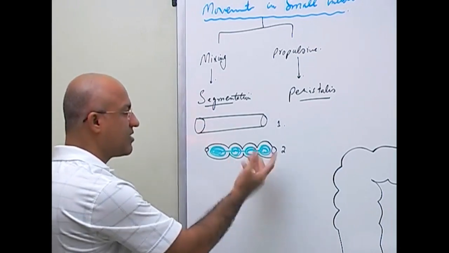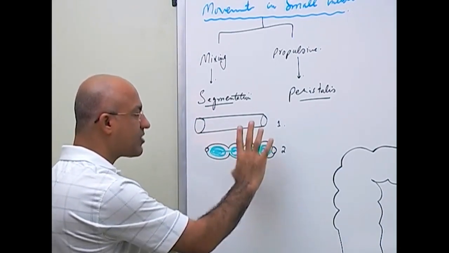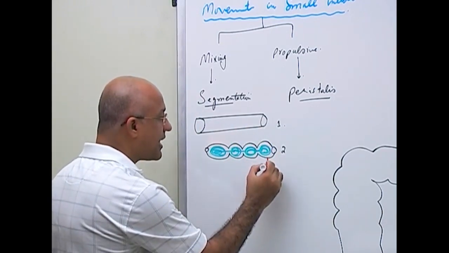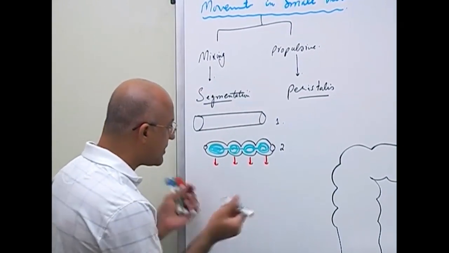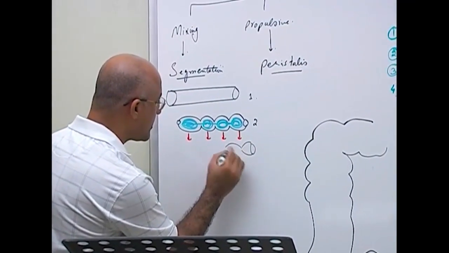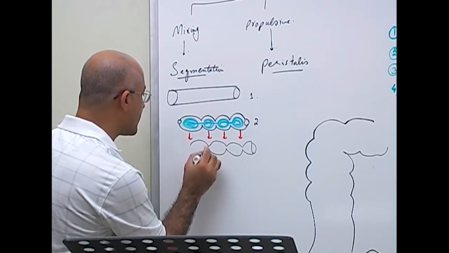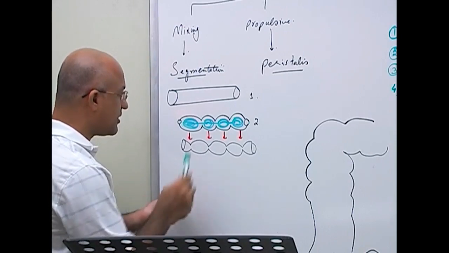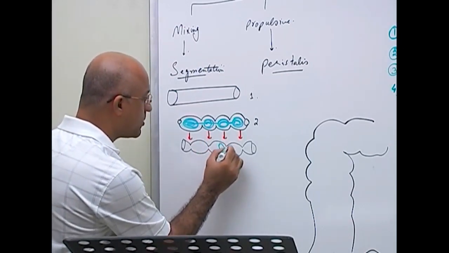After a few seconds, 15 to 20 seconds, these constriction rings relax and smooth muscle contracts at other areas, so new constriction rings appear at new sites, and in this way the contents present in one area are chopped into two.